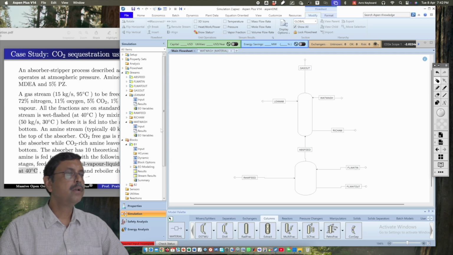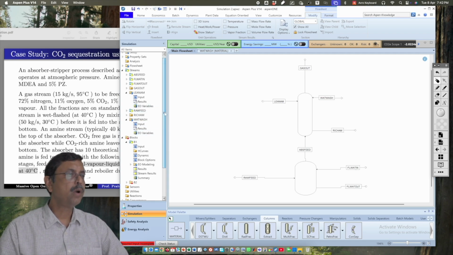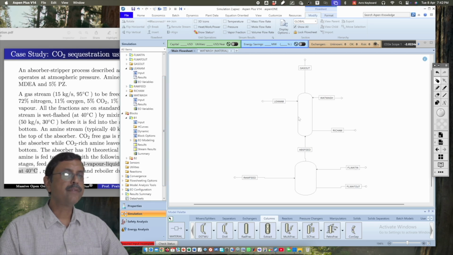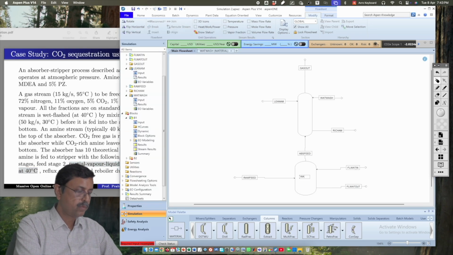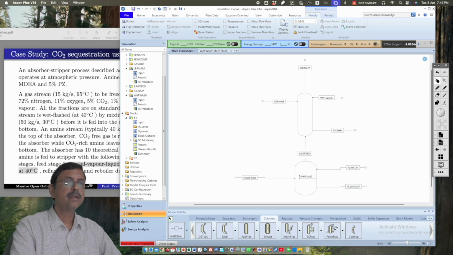So now we have to go to the block. Okay, we have to name them. This block, let us name it as water wash.